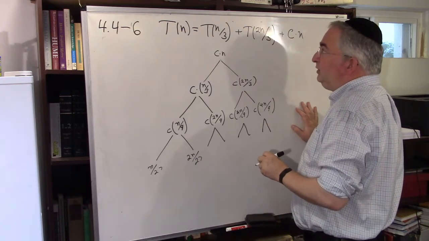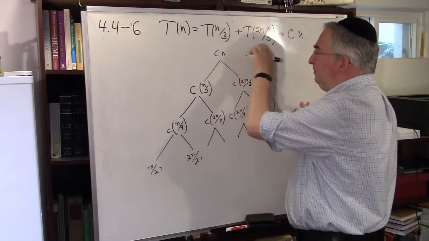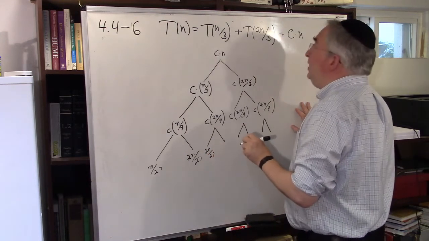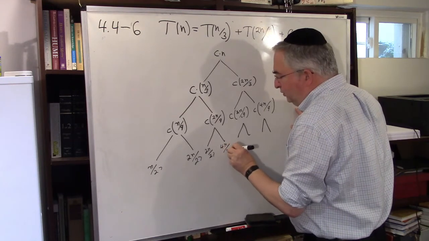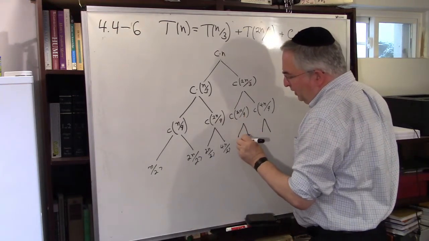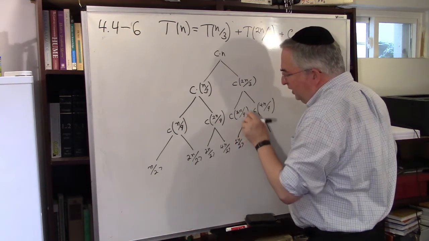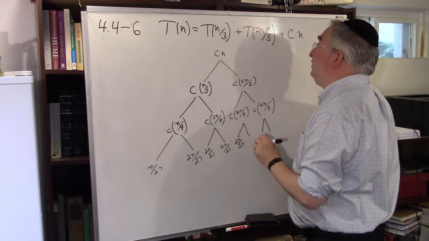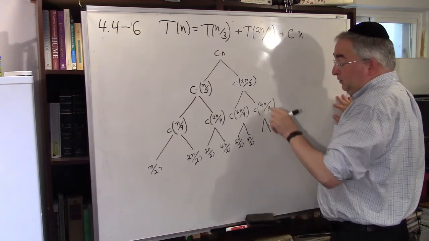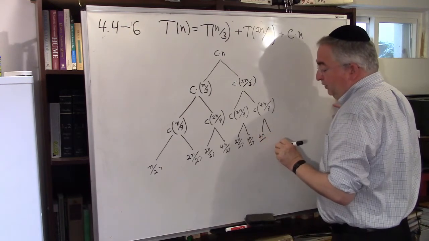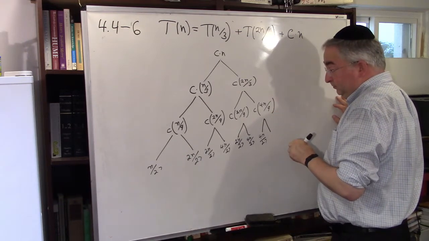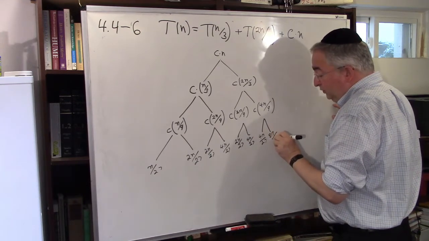Plugging in 2n over 9, this becomes 2n over 27 and 4n over 27, then 4n over 27 and 8n over 27.